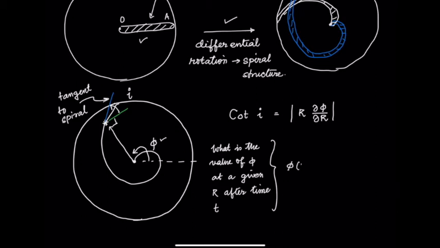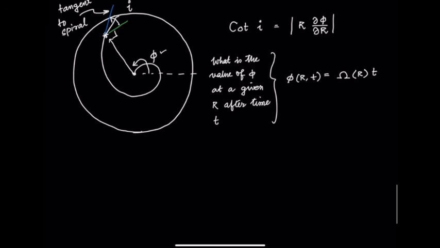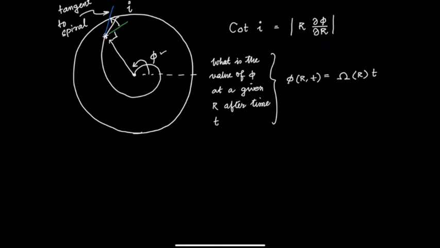It will be phi, depending on r and t both obviously, equals wherever the bar was initially, let's say that is 0, and then what is the angular velocity at that radius times t, right? This is as simple as that: phi equals omega times t. Then I can calculate del phi del r, that is just del omega del r times t.